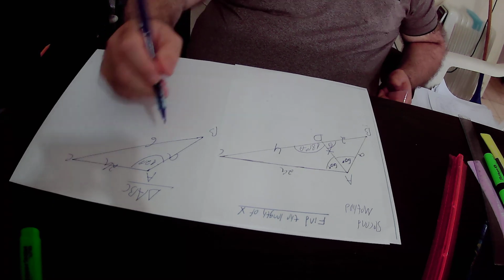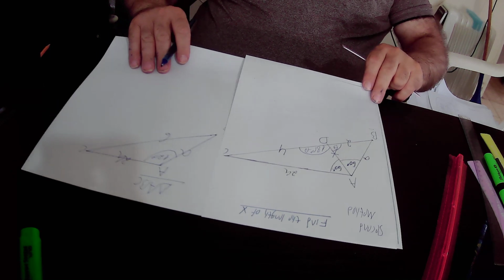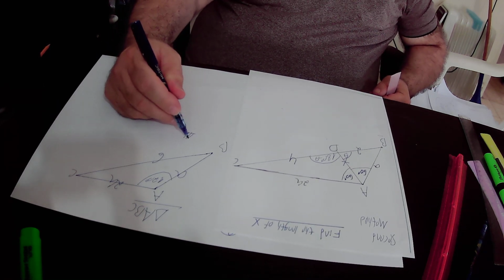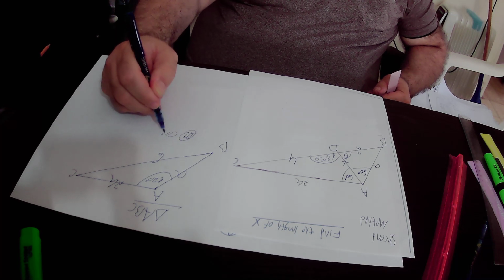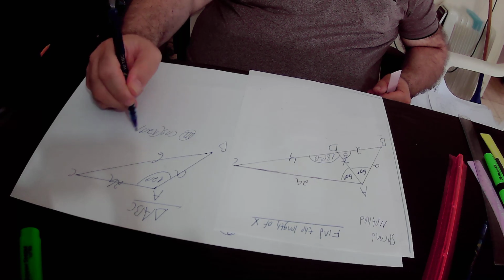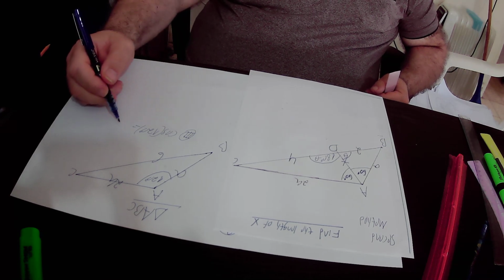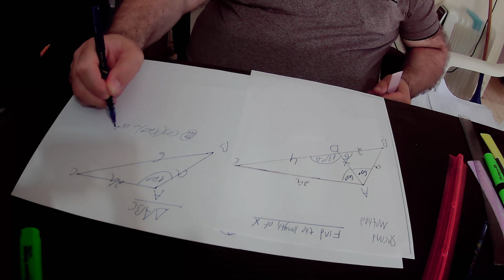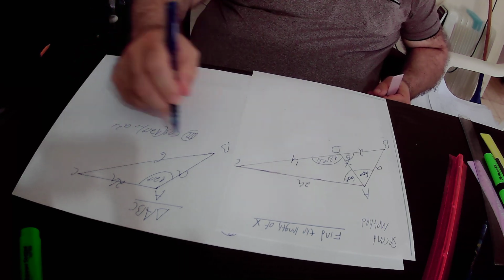So we get that according to the law of cosines, cosine 120 degrees equals AB squared, which is A squared, plus AC squared.